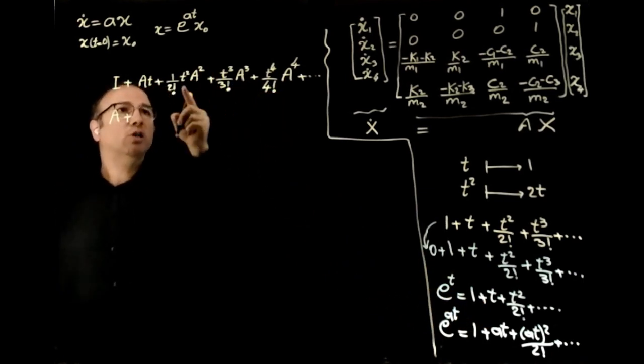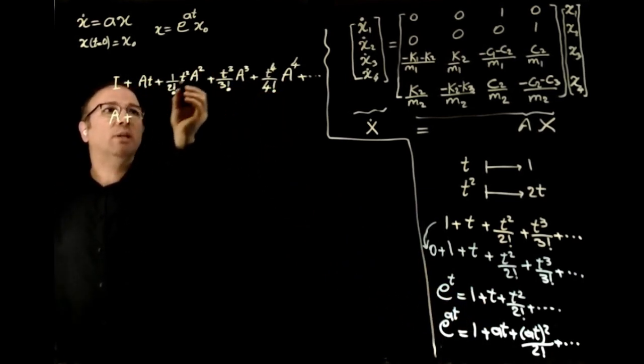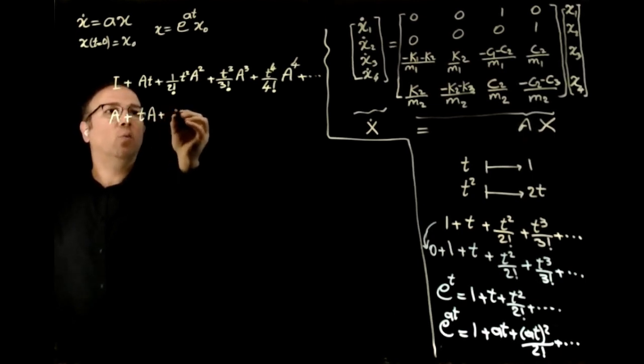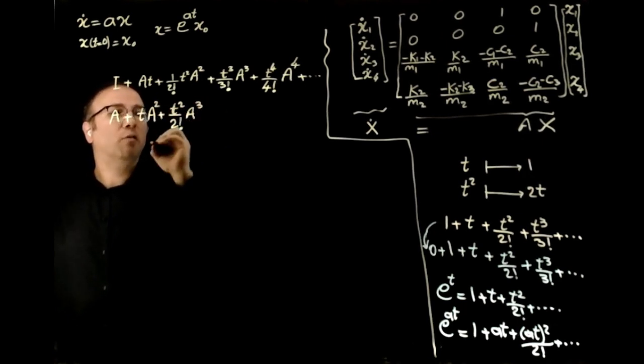So that A squared doesn't matter. I would have t to the power of 2, that would come out and down as 2, and factor and cancel out. So I would have just tA, plus t squared over 2 factorial A to the power of 3.